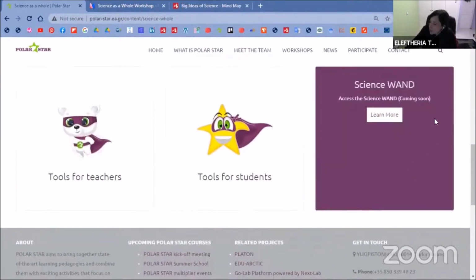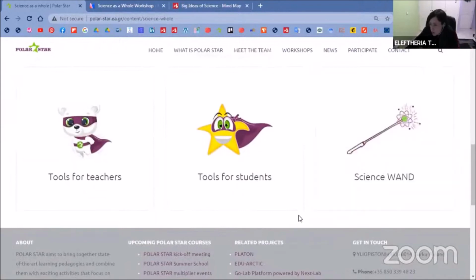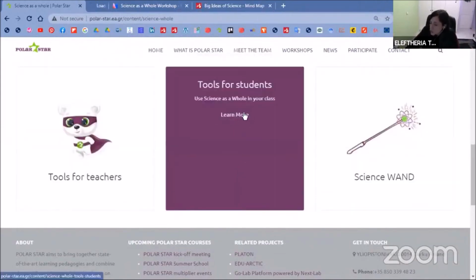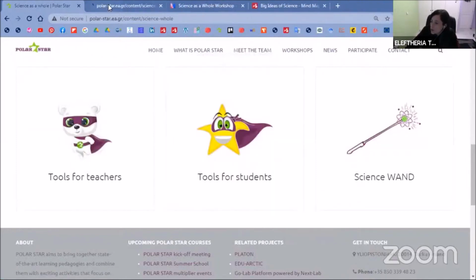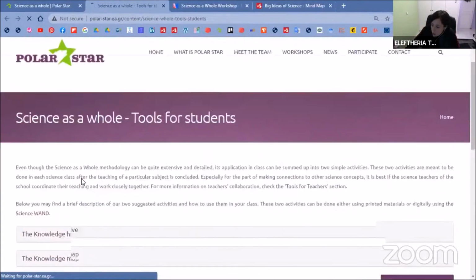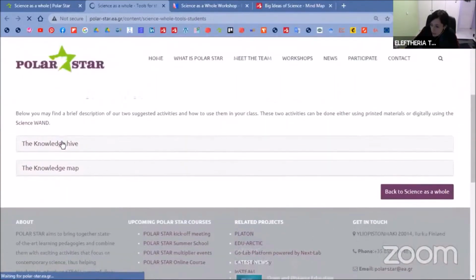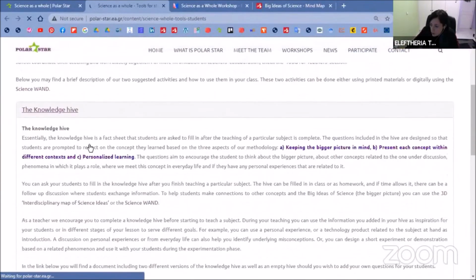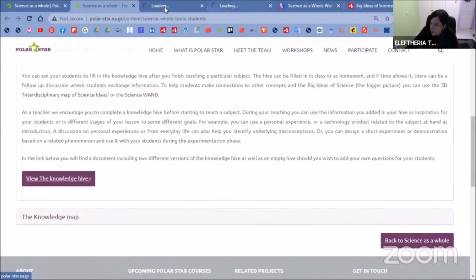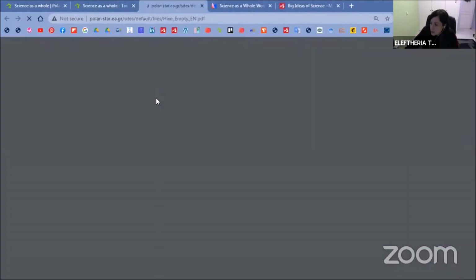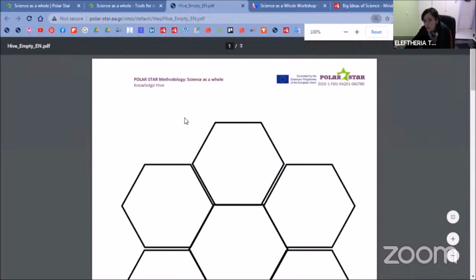This is where the Science 1 is going to be. It's coming soon, it's not here yet. In the section tools for students, you're going to find the knowledge hive, and this is the file that we have for you, which you can print to use the knowledge hive in your class.